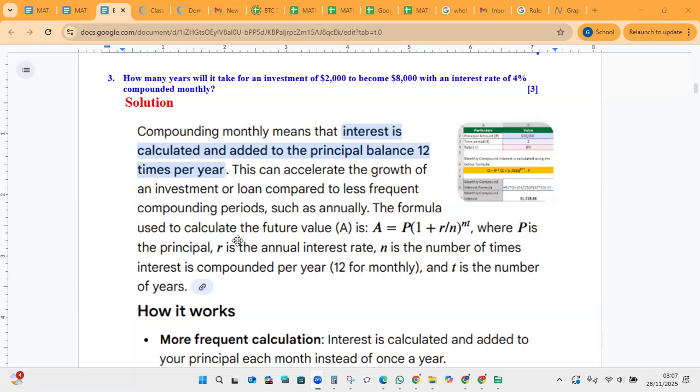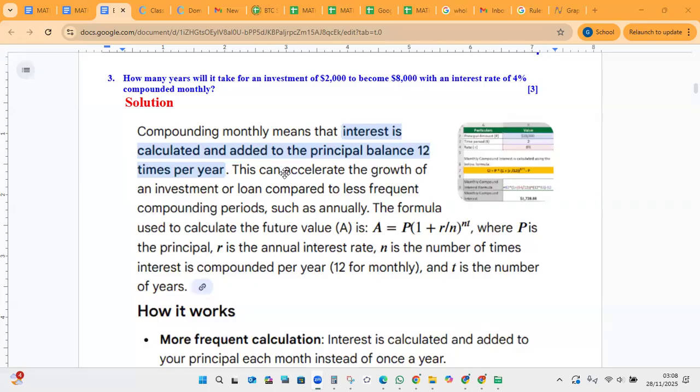The formula used to calculate the future value, A, or the actual value, is A is equal to P times (1 plus R over N) raised to the exponent of NT, where P is the principal, that's the initial amount, R is the annual interest rate in decimals, N is the number of times interest is compounded per year, 12 for monthly, and T is the number of years.